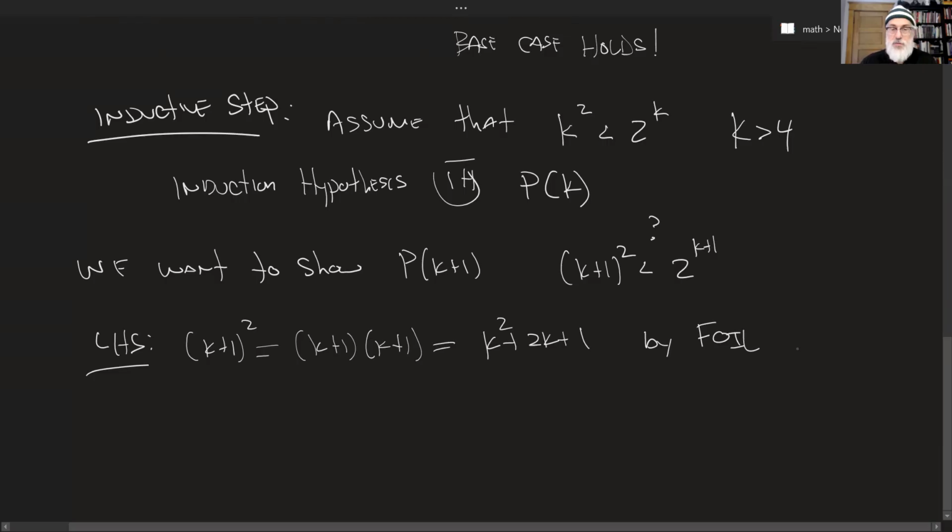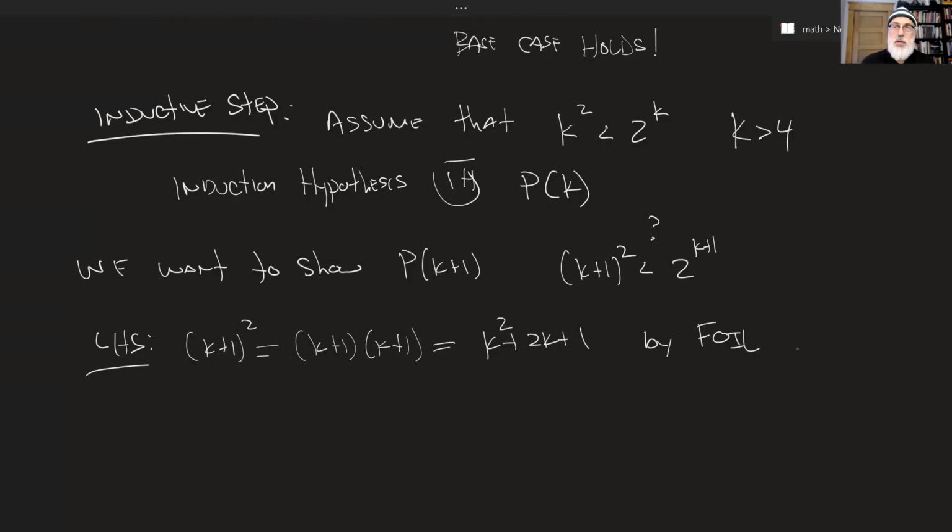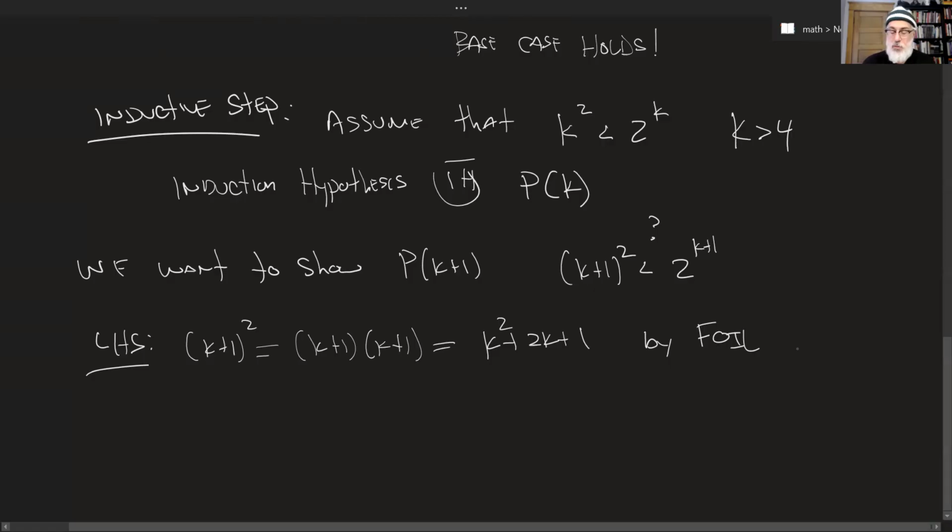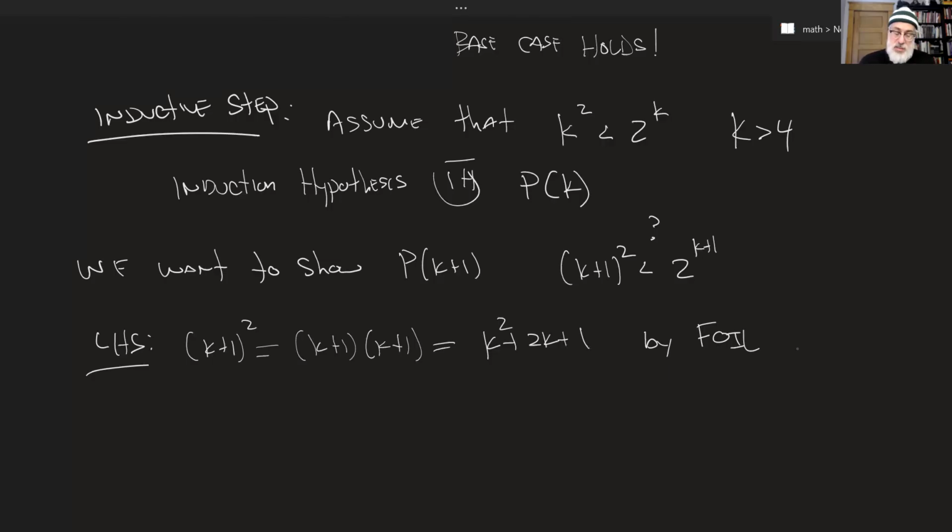You can review multiplying polynomials. I'll put a link above somewhere that will take you to that video if you need to review how to FOIL or how to multiply polynomials. All right, so (k plus 1) squared is k squared plus 2k plus 1.